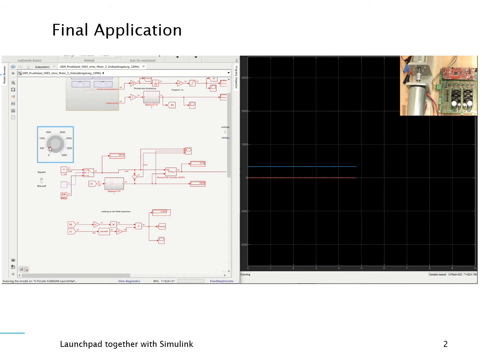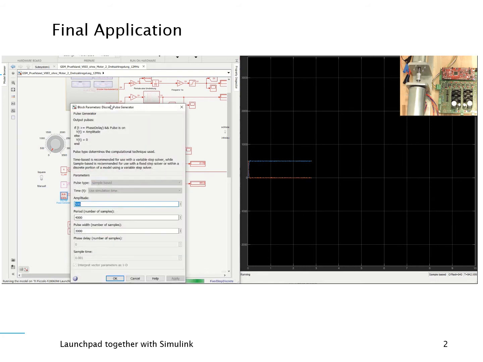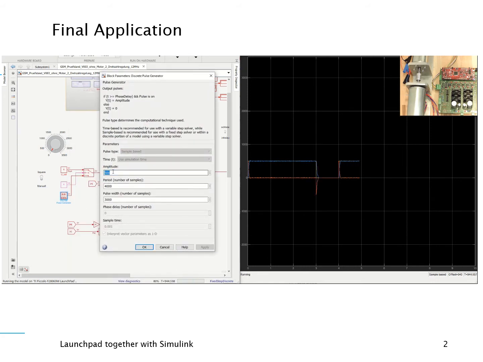I cannot only have manual figures for this desired speed, I can also set up a step response, and of course the parameter of this step response I can change directly without recompiling the whole system.